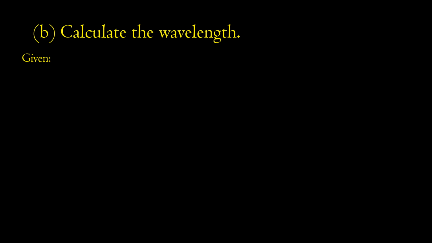Question B. Calculate the wavelength. So we are given that the speed V of that sound was 320 meters per second. The frequency was given to us as 256 Hz, and we must find the wavelength, and that wavelength must be in meters.